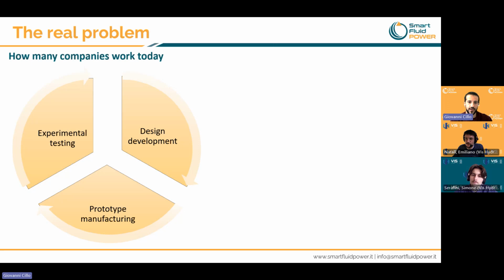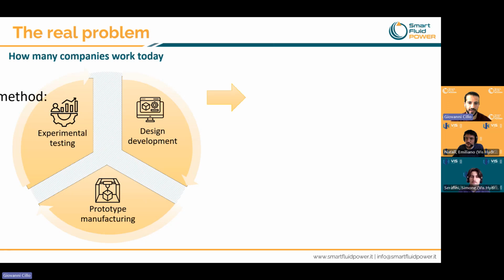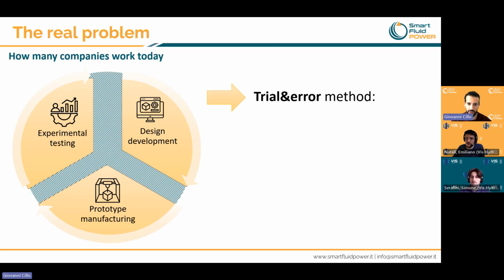Okay, thank you, Emiliano. Okay, let's start from a very common situation. In many companies, the engineering office works based on sizing calculations, experience, and design assumptions. It is when the component is built and tested on the test bench that its real behavior is finally observed. This trial and error approach works, but it has a limitation.